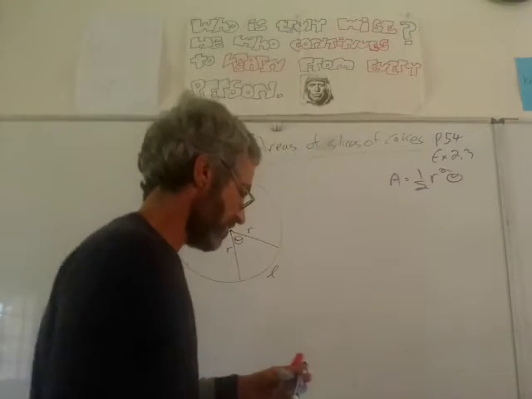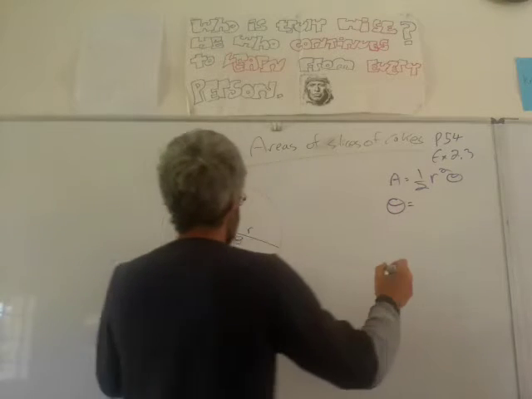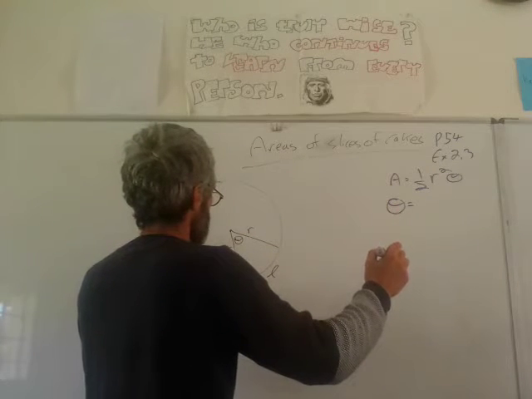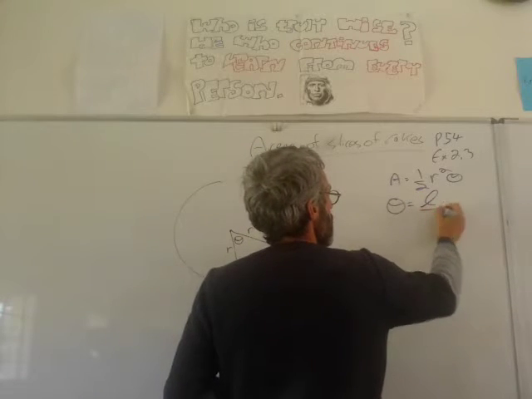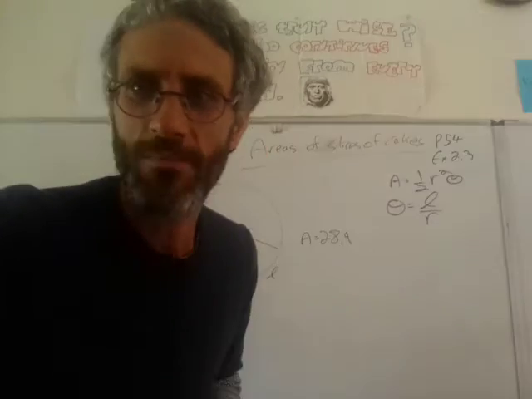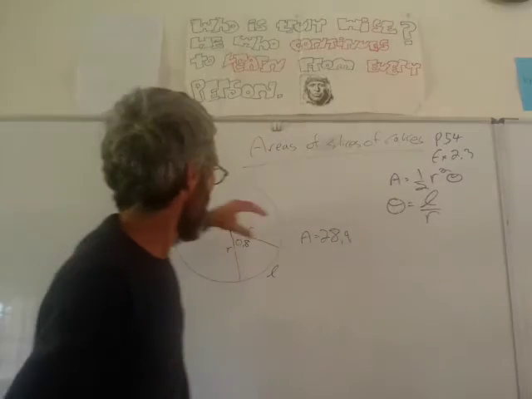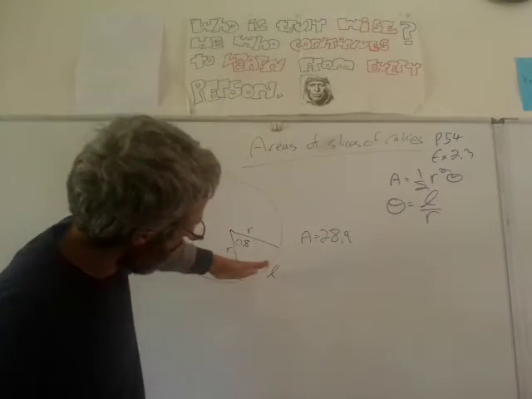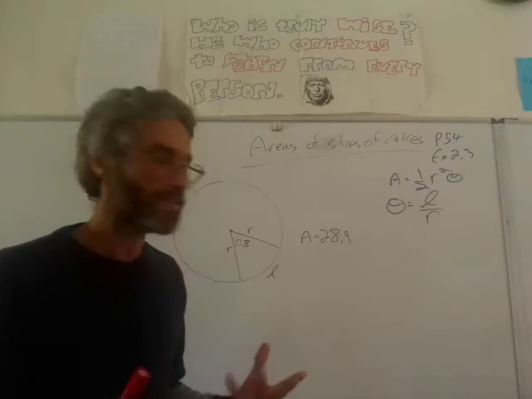If you remember, theta is L over r. Let me just check that I've got the right equation. Yes. So the angle theta in radians is the ratio between the arc and the radius.